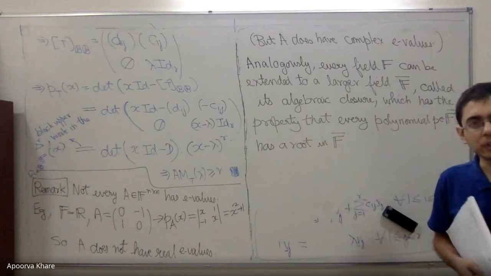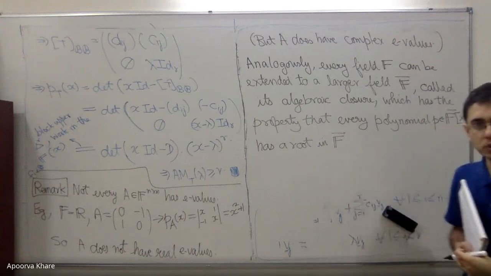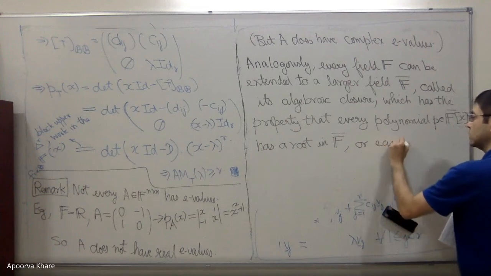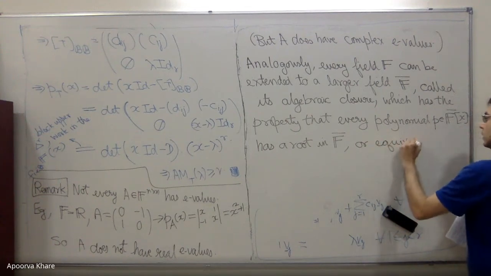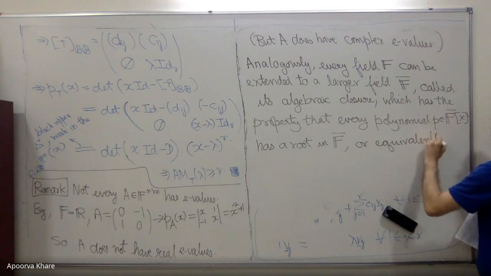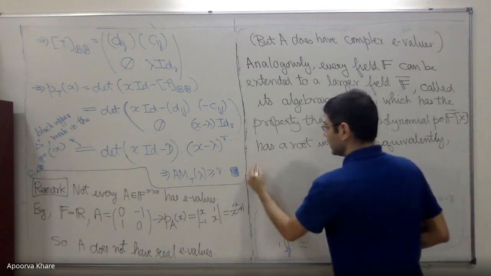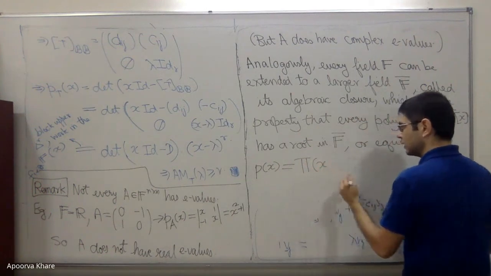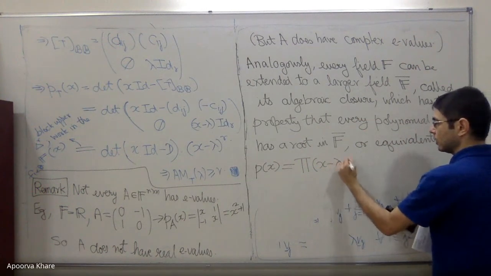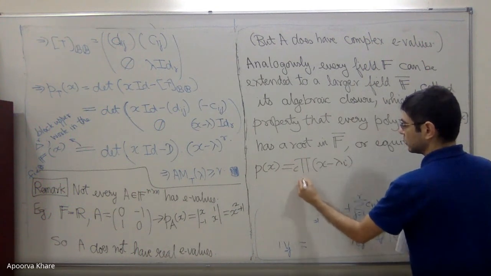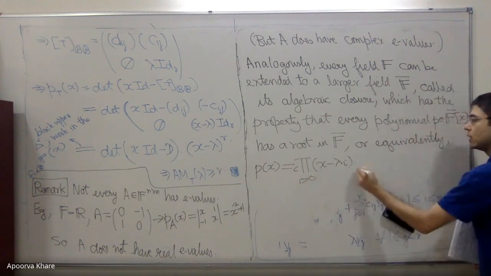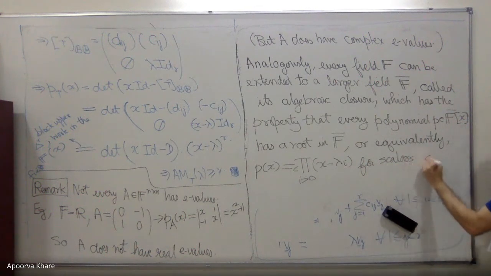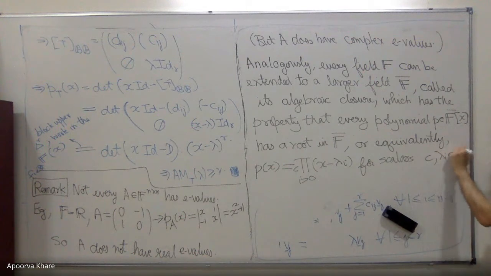And so for the Algebra 1 students, you will either see this at the end of your course or in Algebra 2. Or equivalently, P(x) factors as a product of x minus lambda_i times some c, for scalars c and lambda_i in F bar.